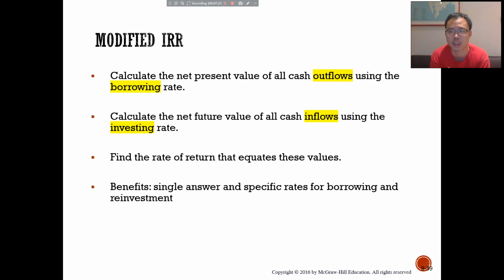Why is that? Because this is your investment, and where did you get the investment money? Usually from the banks. You borrow the money, so you use the borrowing rate. And you calculate the net future value of all cash inflows using the investing rate. Then you find the rate of return that equates these values.